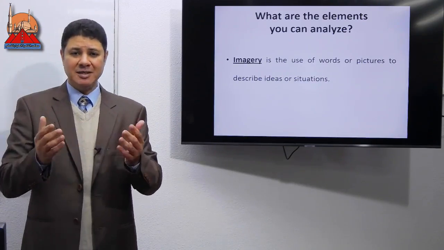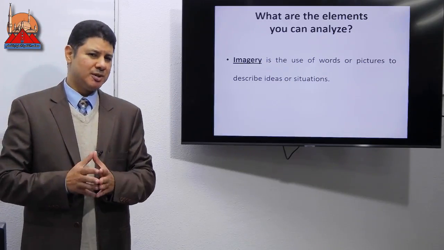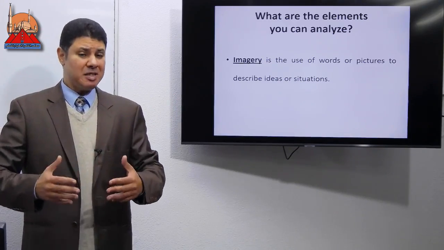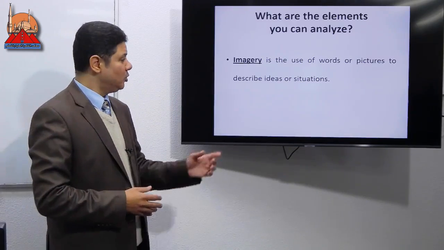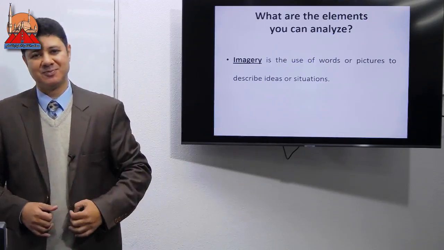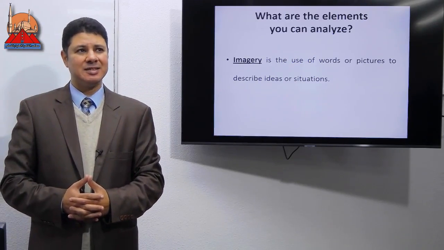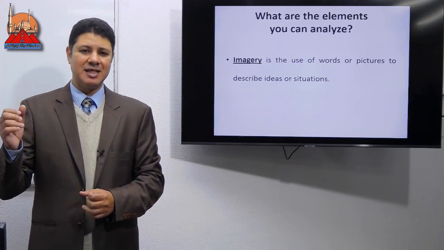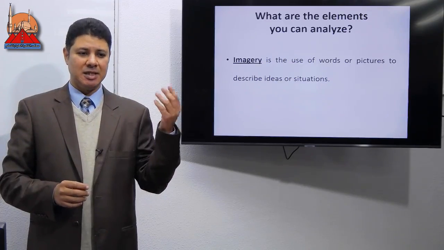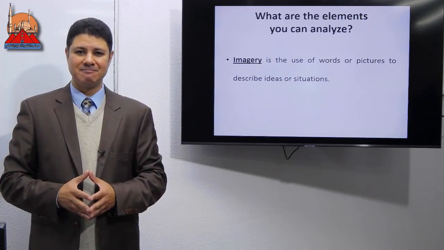When you read the play, you will discover that you will have some words, some pictures the dramatist uses to describe ideas or situations. Like, for instance, if I find the dramatist writing that a husband describes his wife as a singing bird.